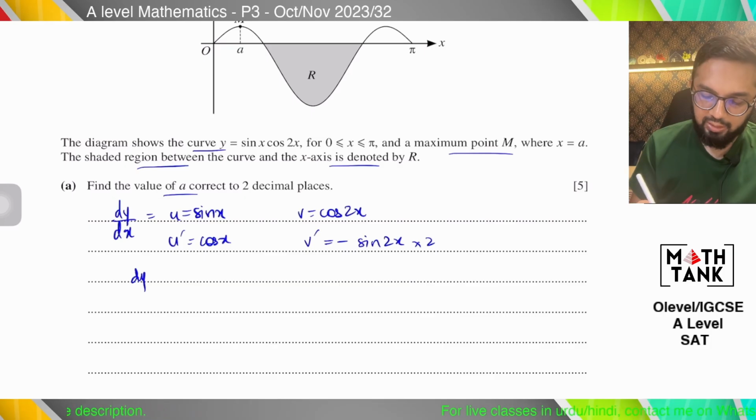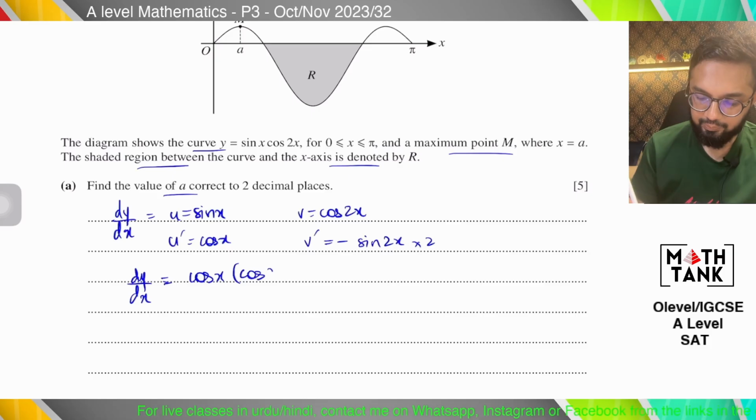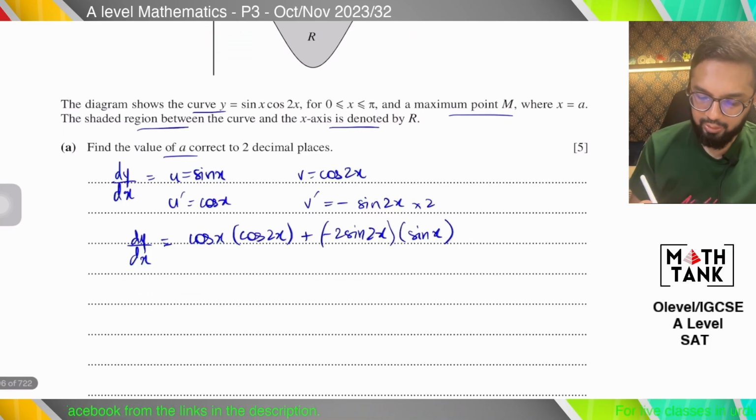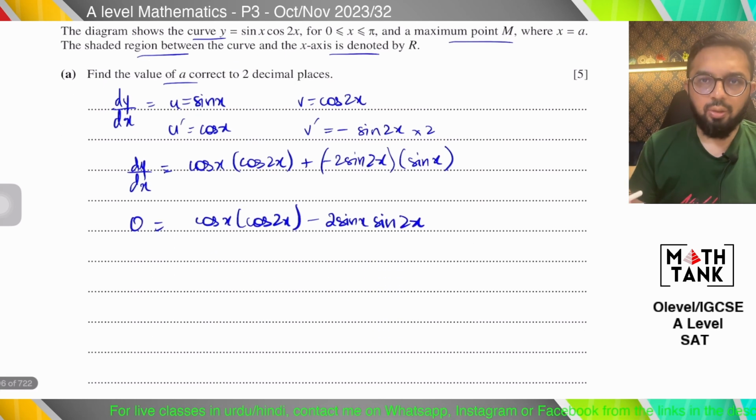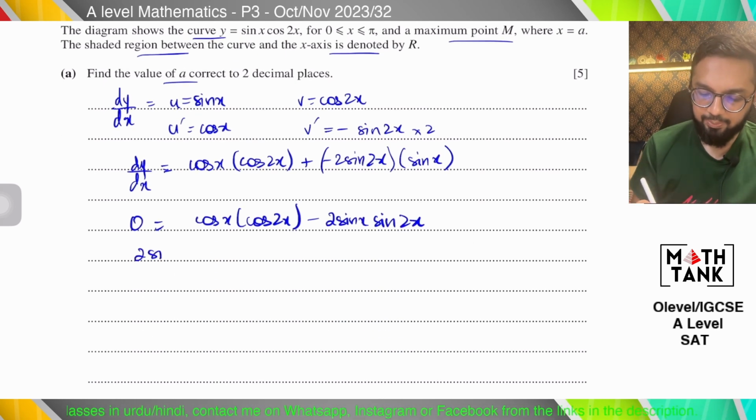So dy by dx is u dash v plus v dash u, and then you put it equal to 0 and try to solve. I think I have both sine and cos, so that would convert into tan.